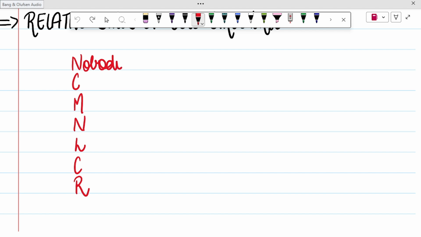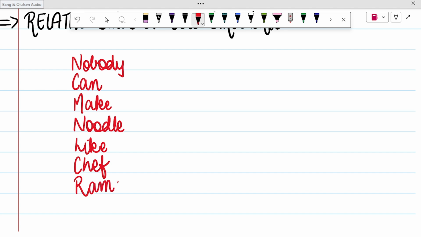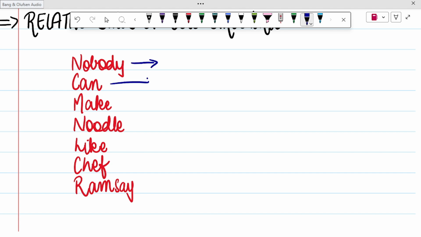Nobody, I think आपने सुने भी होगी, can make noodles like Chef Ramsay. शेफ रैमजे तो सबको पता है कौन है, Gordon Ramsay, काफ़ी फेमस शेफ हैं, and उन्हीं से related ये ट्रिक है. So what is the full form of this, जल्दी से देख लेते हैं.